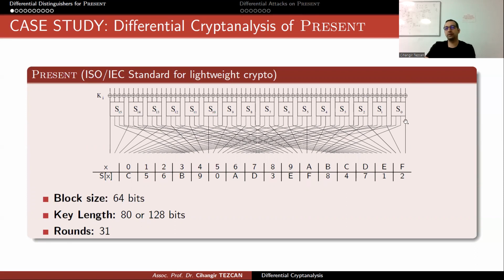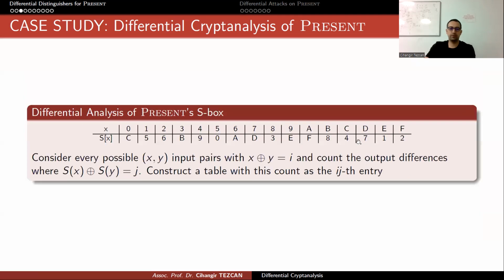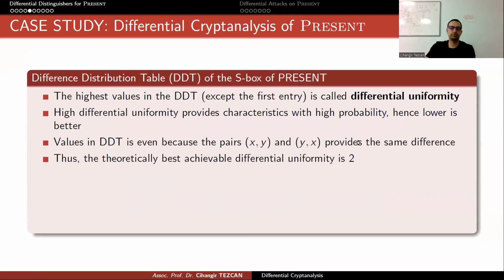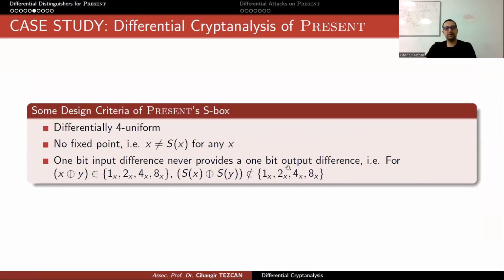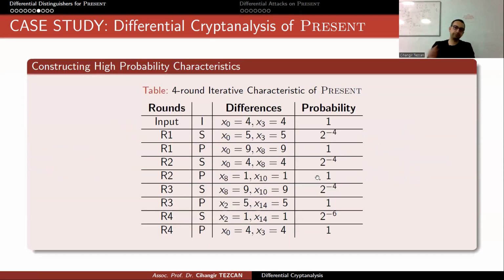In that case, only this bit will have the difference. So in every round, it will only affect itself with some probability. For this reason, they try to have, if there's a 1-bit output difference, it should affect 2 bits. So these 2 bits after one round will affect 2 S-boxes, and so on. This would cause better diffusion. Okay. So yes, this is one of the design criteria.